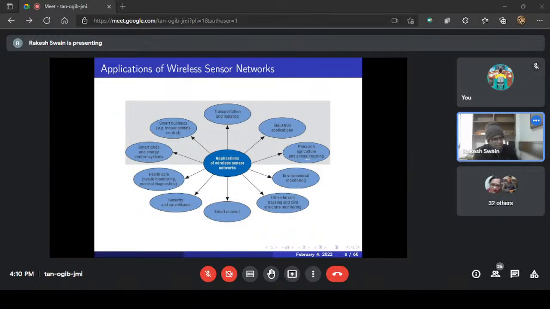Similarly, for internal causes, any module, such as the transceiver unit, can fail, or any malfunction or error can occur in the module. So due to the internal causes also, the sensor network behaves unexpectedly. That unexpected behavior of the sensor network we call a fault.